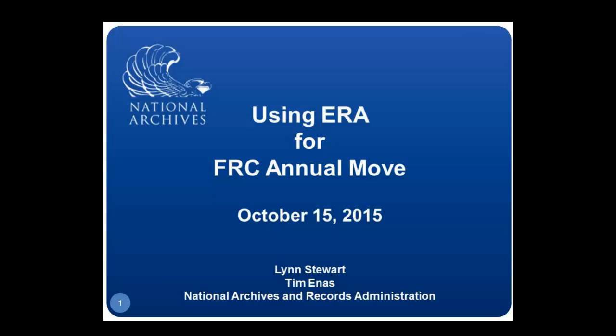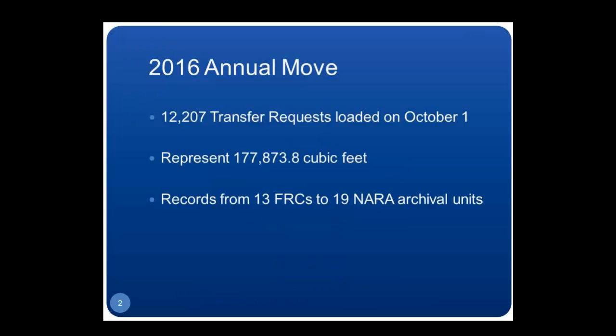So in addition to the 2016 records and the 5-year increments going back to 1996, we do have some additional records that are going to appear as transfer requests that have been overdue for quite some time. And we're hoping that agencies will go ahead and act on those for us.